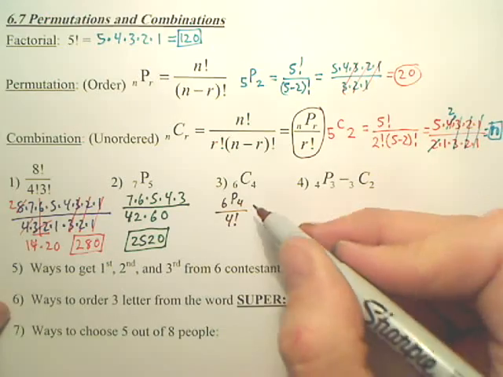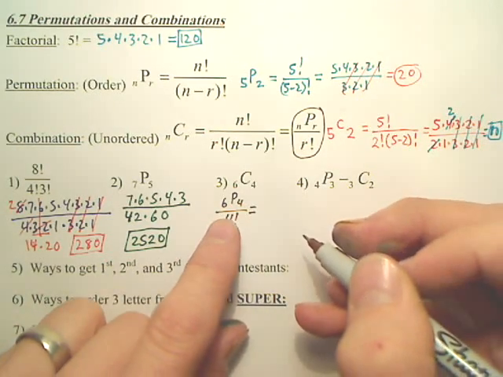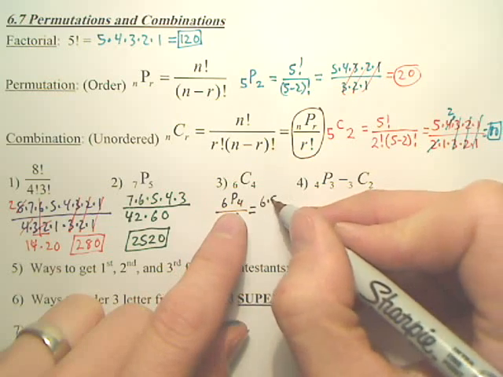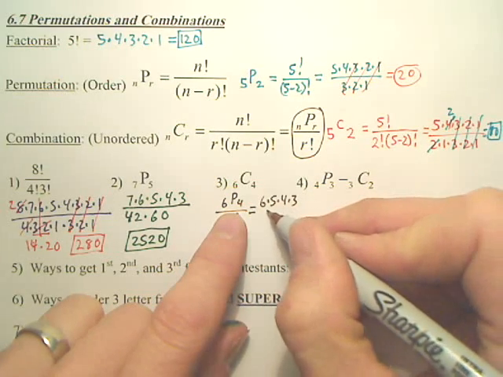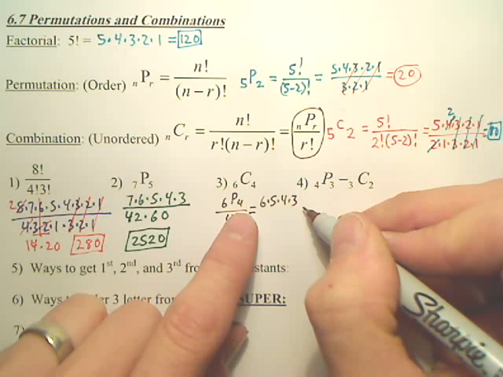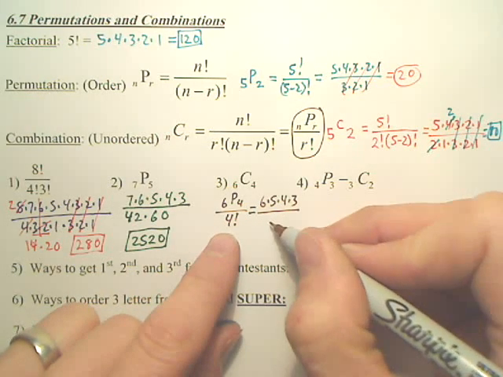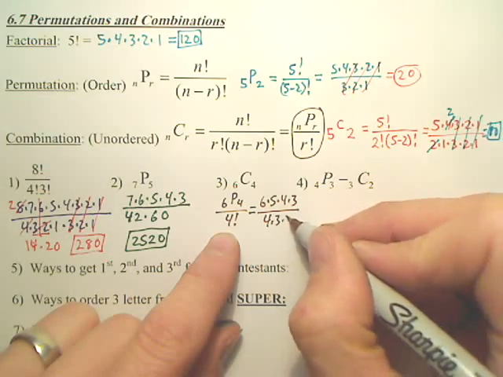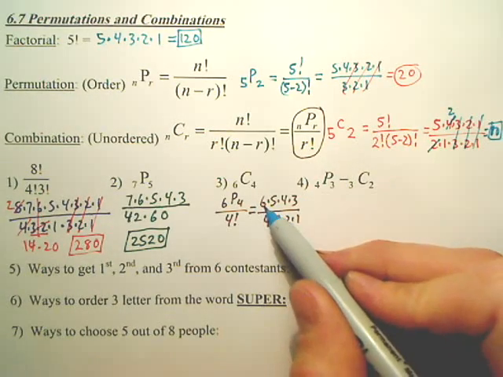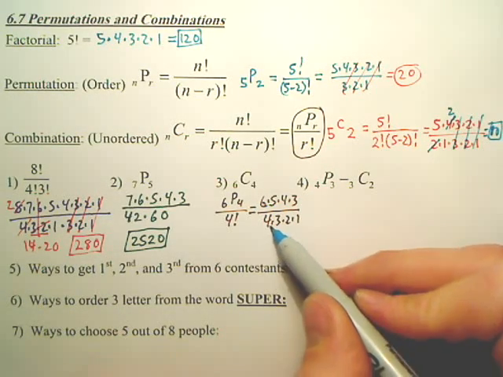For instance, 6P4, what did we say that meant? Well, isn't that 6 times 5 times 4 times 3? You start with 6 but go 4 terms. 4 factorial, isn't that 4 times 3 times 2 times 1? That is 6P4, that is 4 factorial.